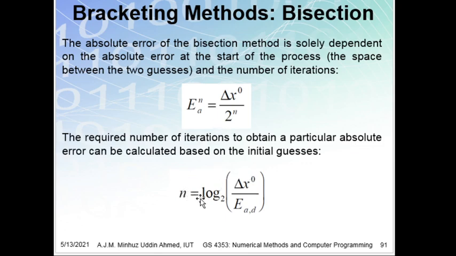Just for the time being, think of this one, E_a,n, the absolute error at the nth step, which is equal to Δx0 divided by 2 to the power n. If we start from the very first iteration, Δx0 means the difference between the lower limit and upper limit, XL and XU.